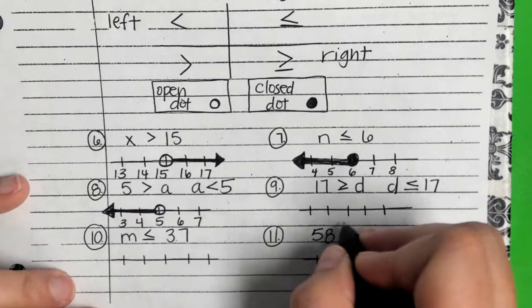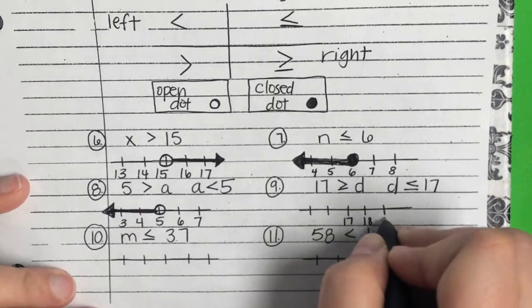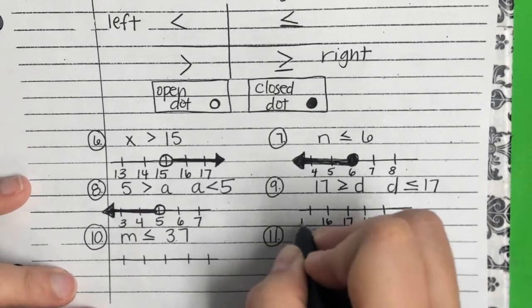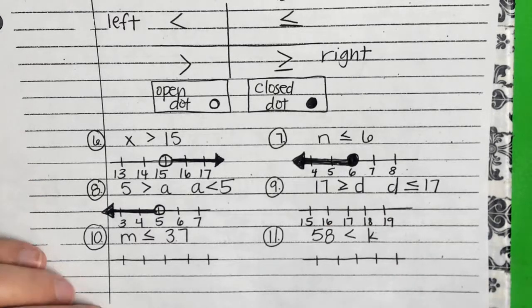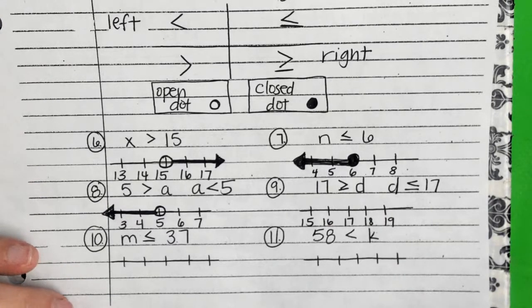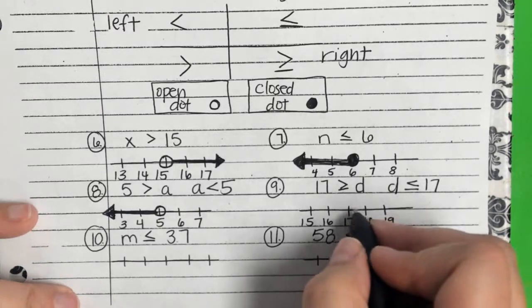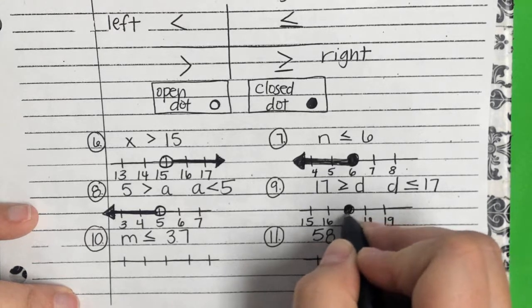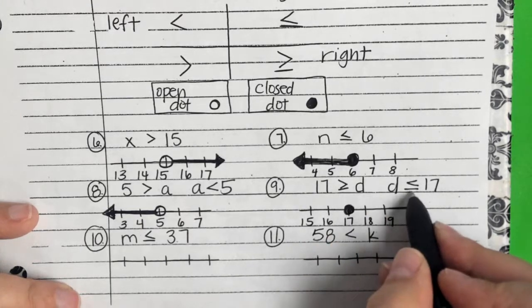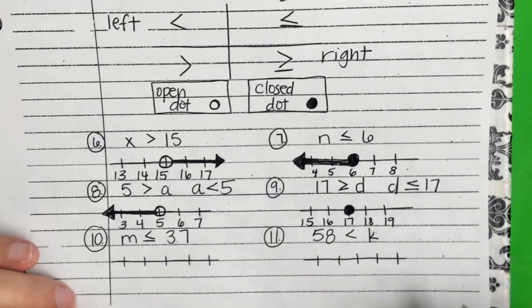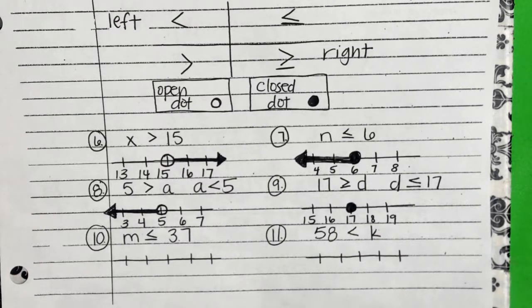Okay, so we'll put 17 over here. And do I have an open or closed circle? Less than or equal to, so it's going to be closed. Remember, if I have that little line, then it's closed, because it means it includes 17.